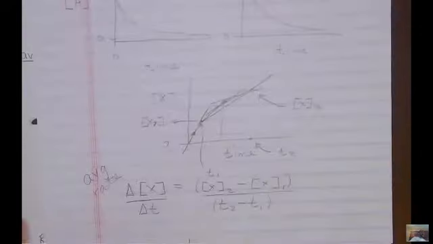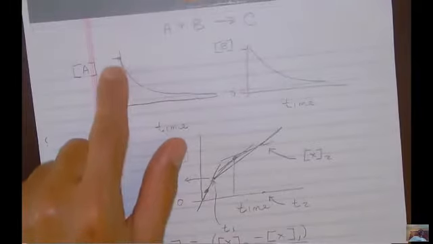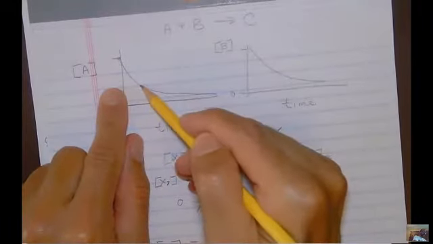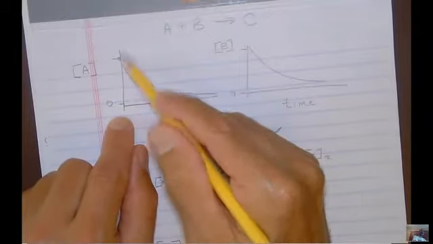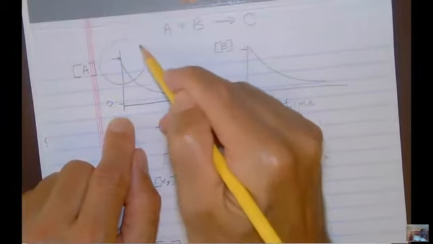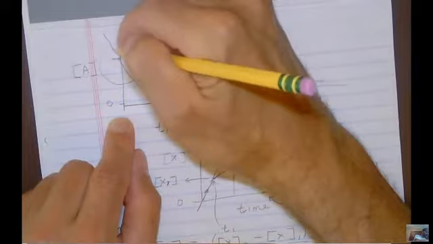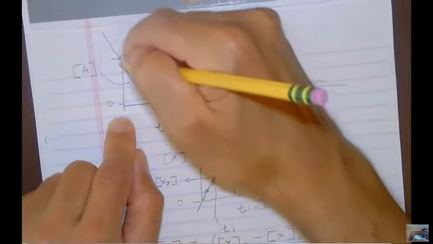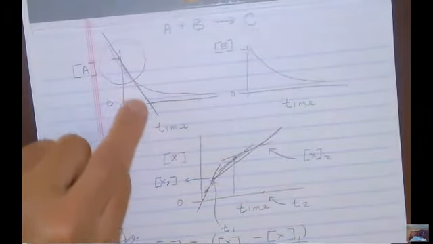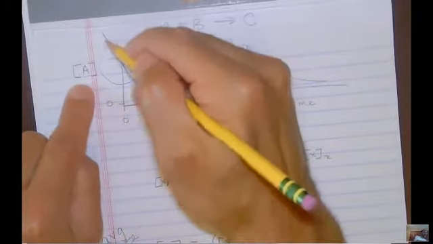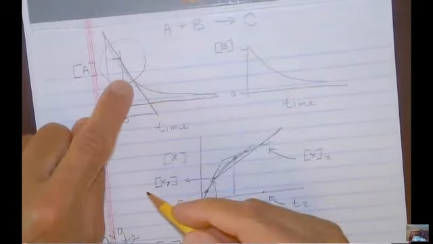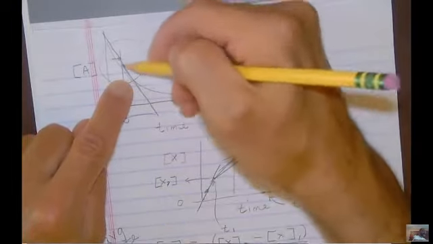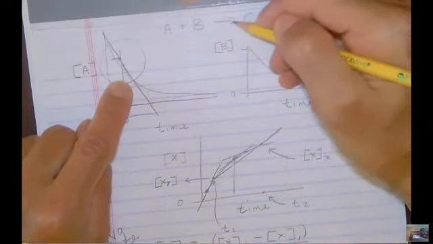Okay, I know it's a little tricky. Here we're watching A drop. I don't want to measure it way out here because I don't know what the concentration of A is necessarily. But right out of the box, if I blew this up, I want to measure the rate right when it starts, in that first few seconds. If I did the slope of the line in those first couple of seconds, it approximates a straight line here too, right?